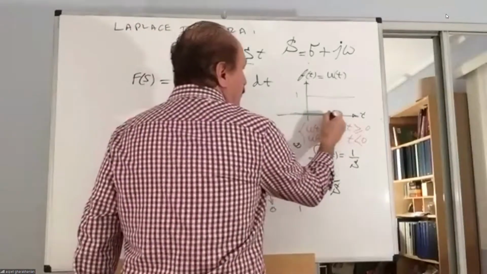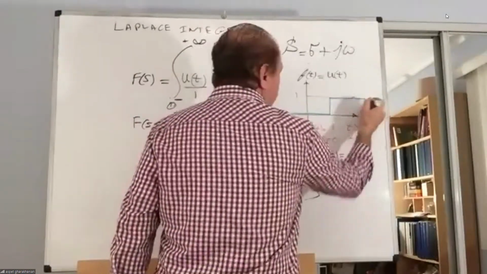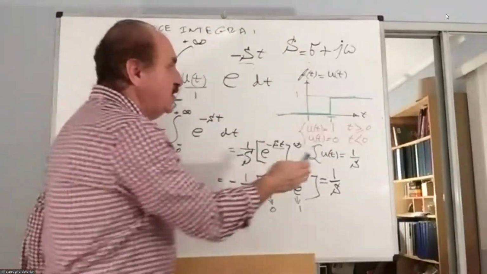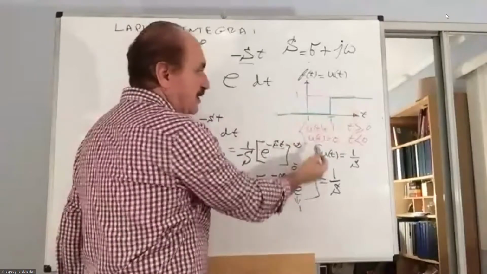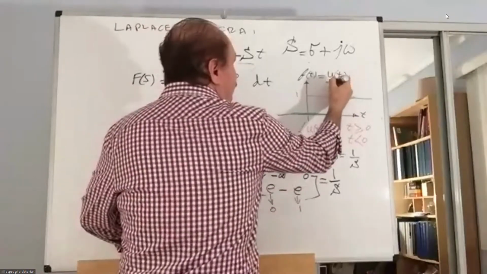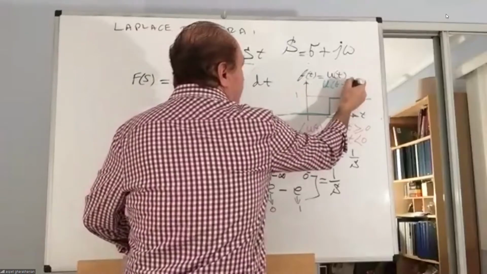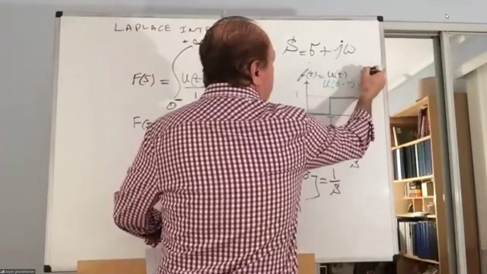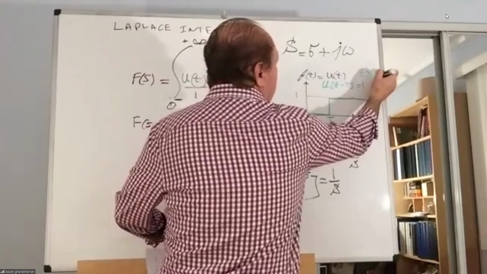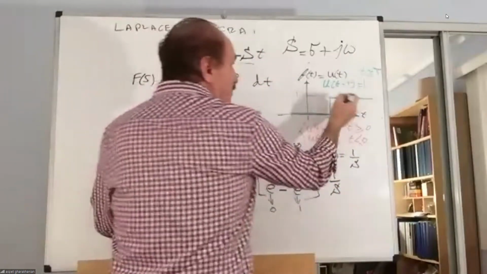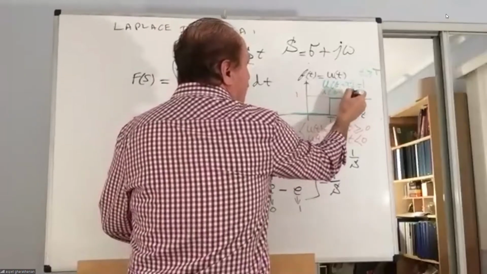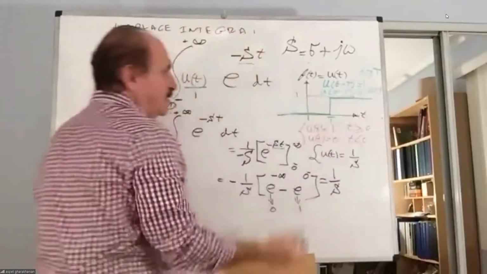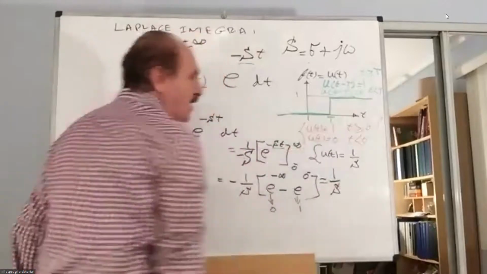Then you apply the function 1 from time T. The description for the delayed function u of t minus T is equal to 1 for t greater or equal to T. Otherwise, u of t minus T will be equal to 0 for t less than T. In other words, this portion is 0, that portion is 1.